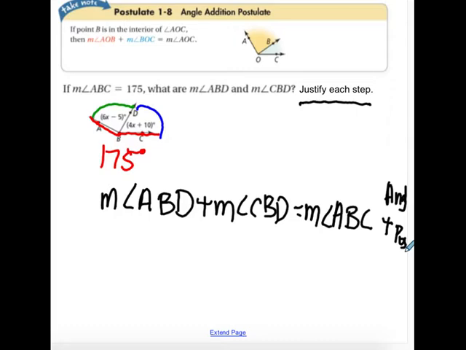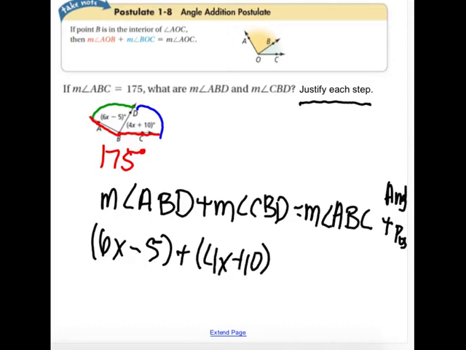That got real cramped. Alright, so now that I know what adds up to equal what, I can just plug in what I know. I know ABD is 6x minus 5, so I'm going to plug that in there. And I know CBD is 4x plus 10. I also know ABC is 175. When you plug stuff in for one another, that's called substitution.